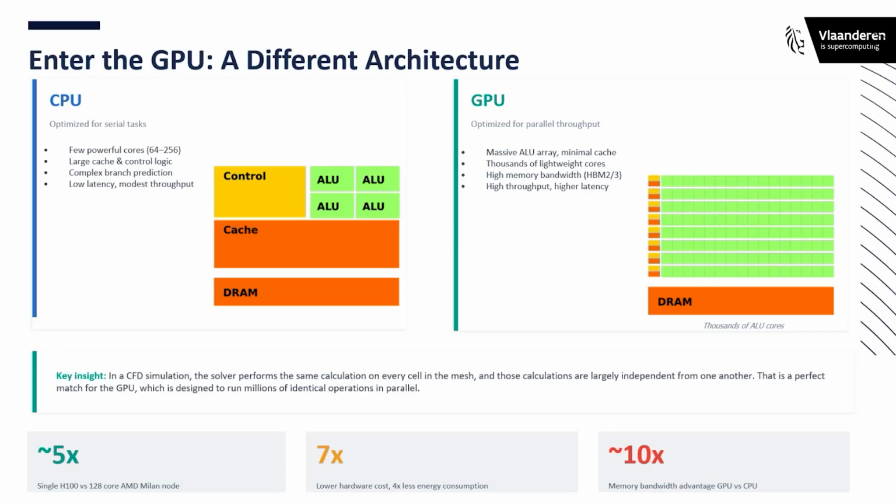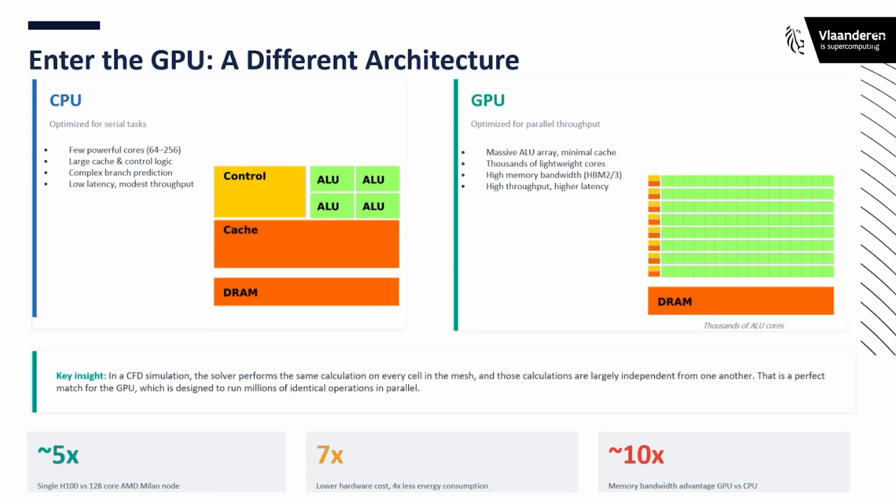This is very good for complex tasks in serial. On the right, we see the GPU architecture, built out of thousands of lightweight arithmetic units with a minimal cache, which is really optimized for raw throughput.